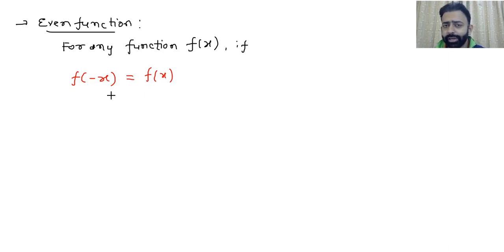Meaning that if I give the negative value of the input corresponding to the positive input, let us say you are defining f(2), some output corresponding to an input 2, and then f(-2), meaning what is the value of the function at x equal to -2. So if those two values are coming out to be equal, then we say that the function is an even function, and this has to be true for every x which belongs to the domain of f(x).